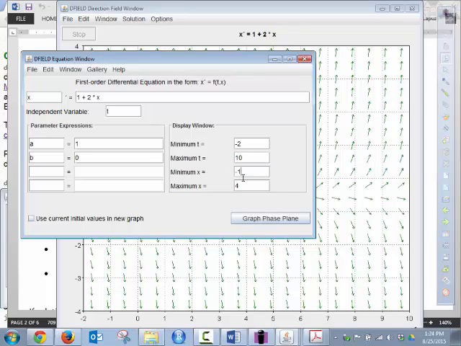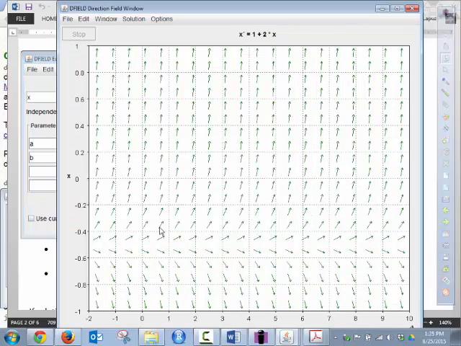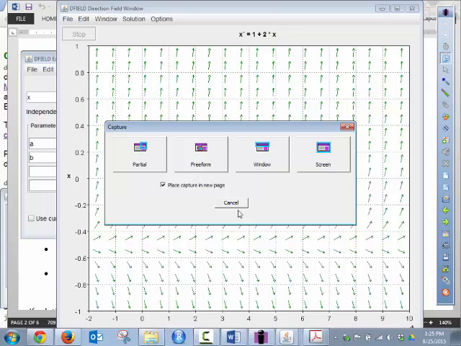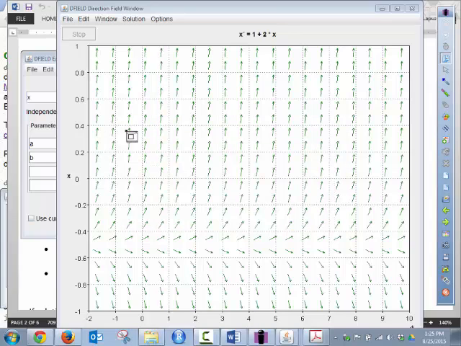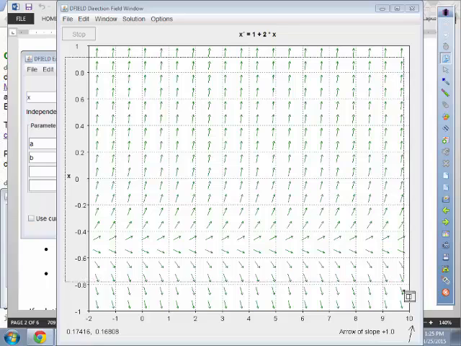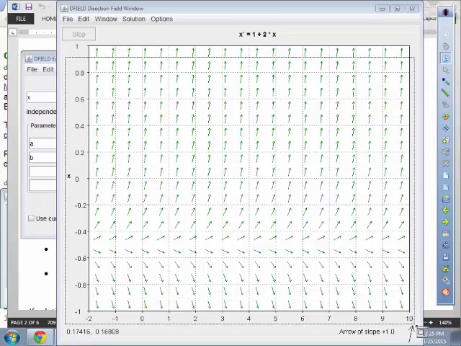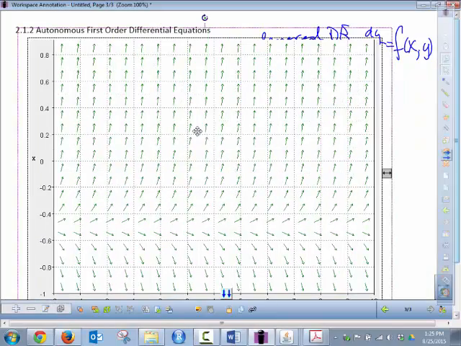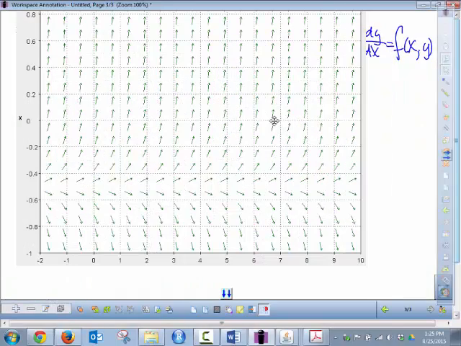Hell, maybe I just go -1 to 1. All right, so I'll go with that. And so let me copy this, and then we'll talk a little bit more about this after I get the other one done.